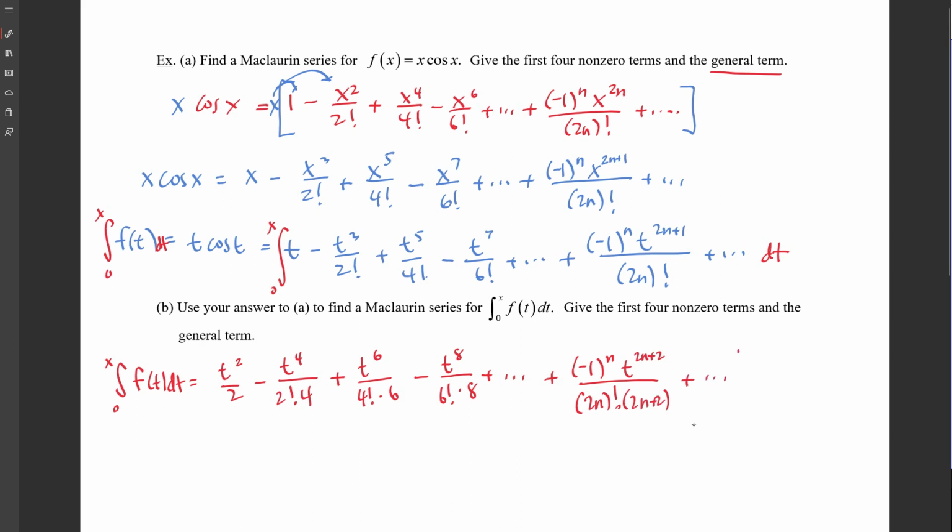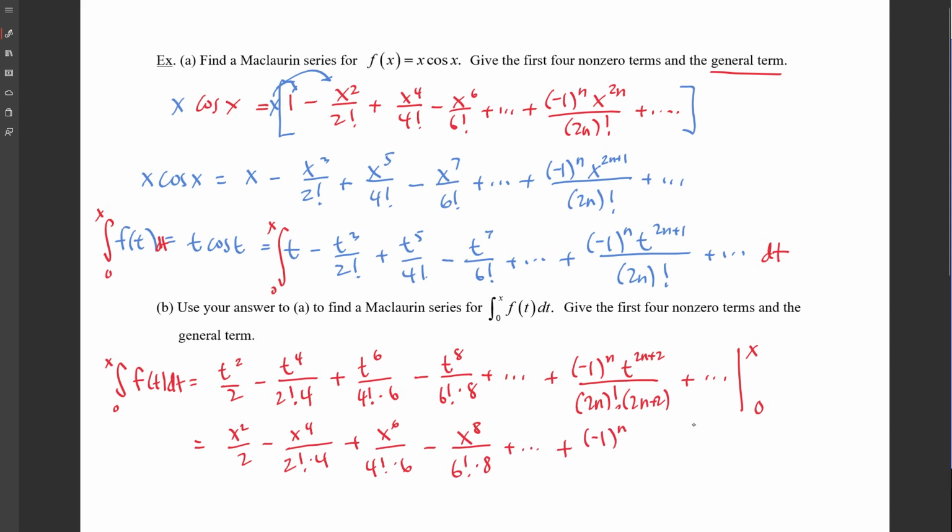Then I need to do the evaluation bar, and that goes from 0 to x. So first I'm going to substitute in x everywhere there's a t. I don't substitute for the n.